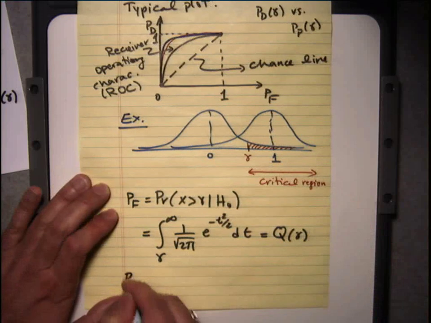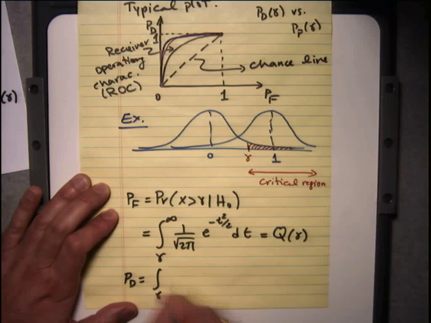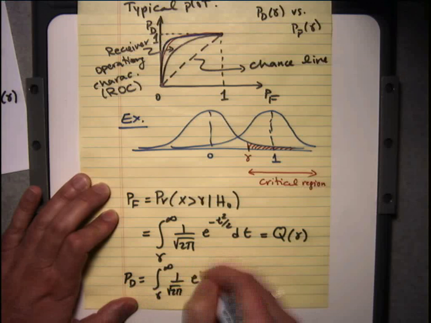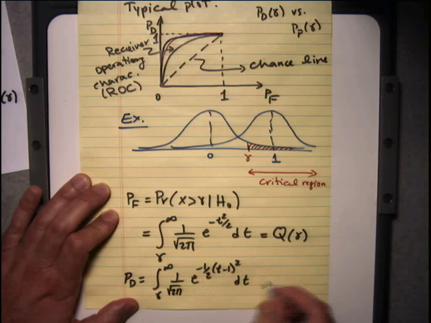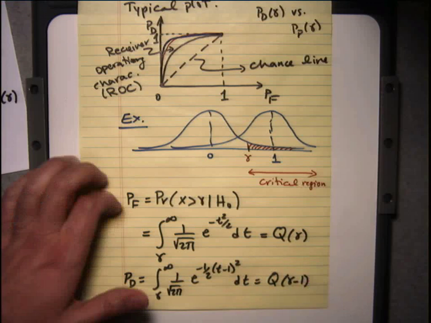On the other hand, PD is the integral from gamma to infinity of the other distribution, 1 over square root of 2 pi, e to the minus 1/2, t minus 1 squared dt. This is Q of gamma minus 1.